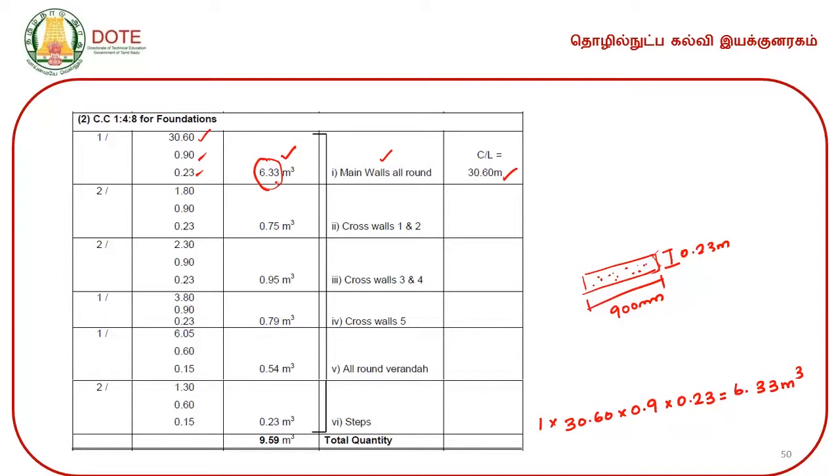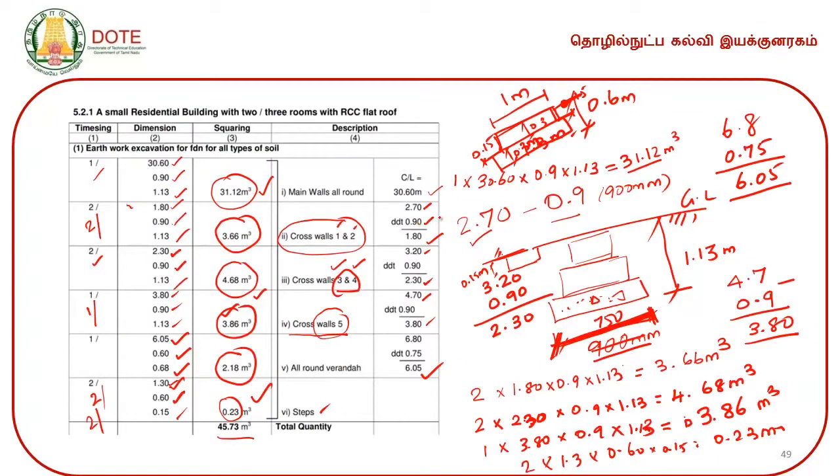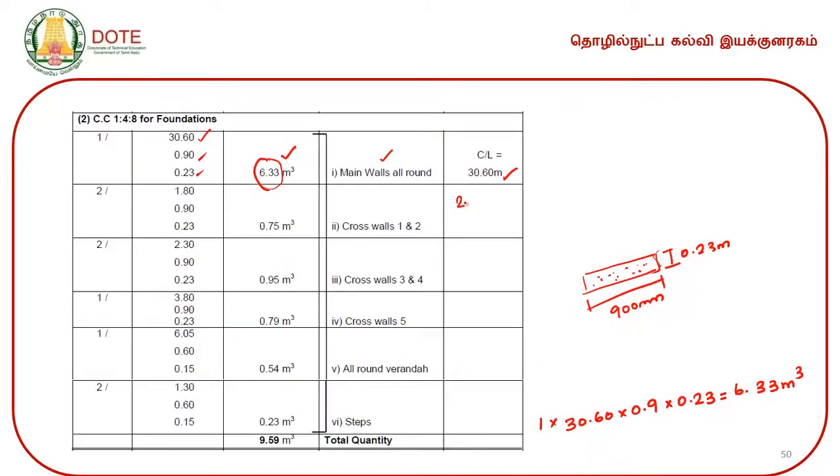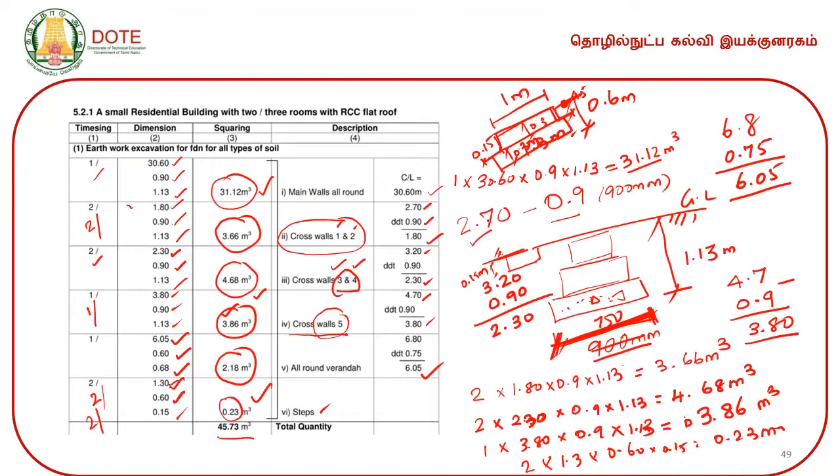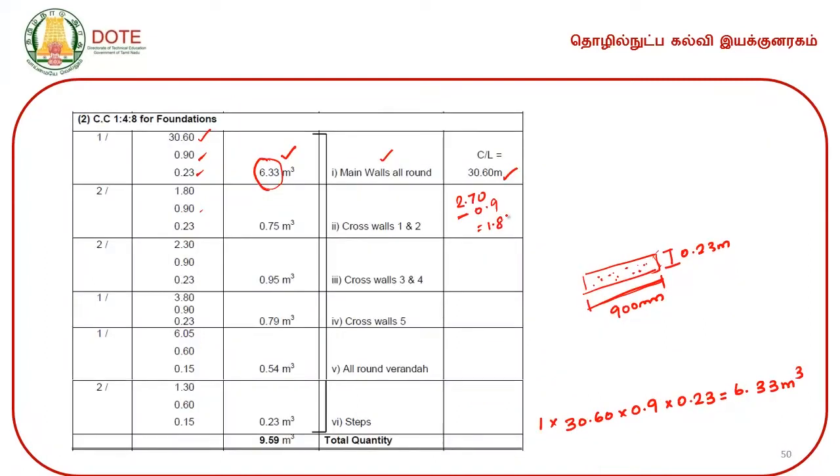Then the cross wall 1 and 2. What is the center to center length of cross wall? That is 2.70 meter, minus the breadth of foundation, 900 mm, that is 2.70 minus 0.9, equal to 1.80. The breadth of foundation is 0.9, then depth 0.23.